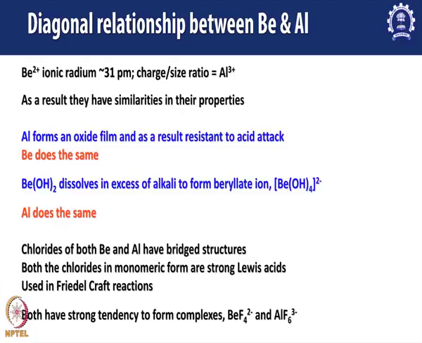Aluminum trichloride is dimeric, having 2 chloro bridges, with the composition Al2Cl6, and similarly beryllium dichloride is unstable and undergoes dimerization to form Be2Cl4, or it can have a polymeric network. Both are used in Friedel-Crafts reactions for making C-C bonds, and both have a strong tendency to form complexes, that is, BeF4 2 minus and also hexafluoroaluminate 3 minus.